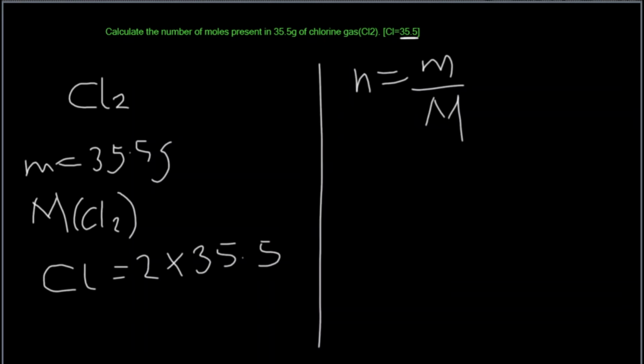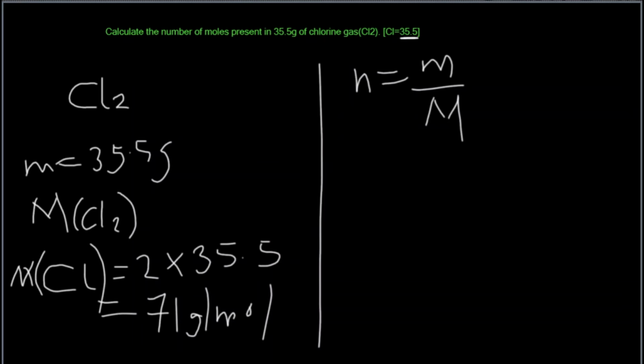So 2 times 35.5 will give you 71 grams per mole. That's the molar mass of chlorine.